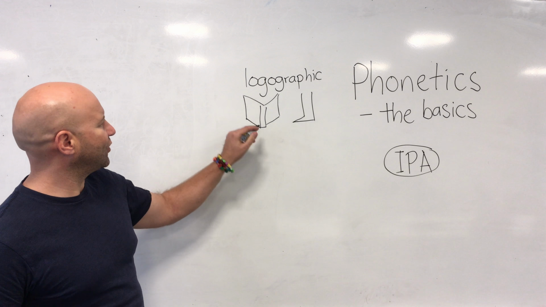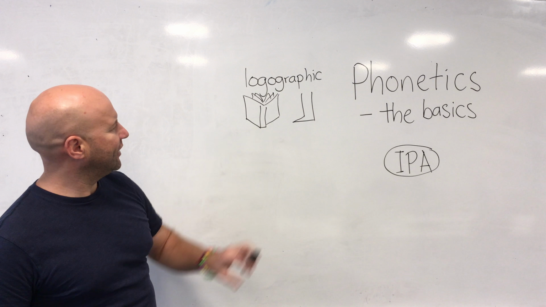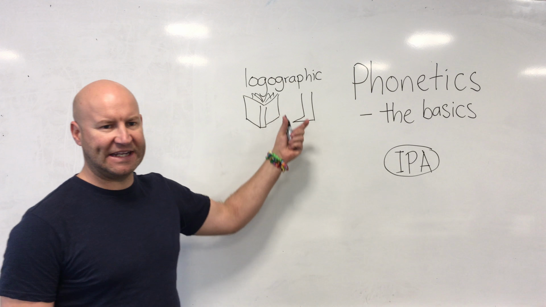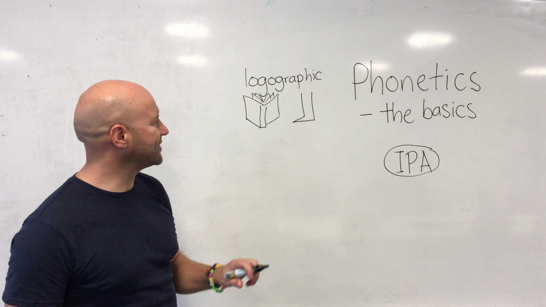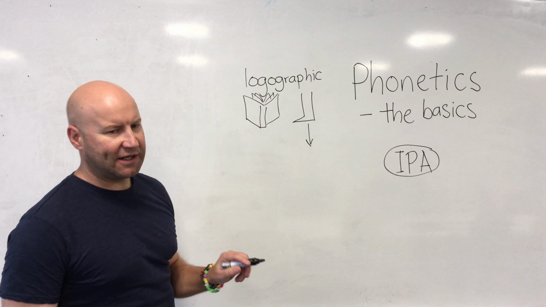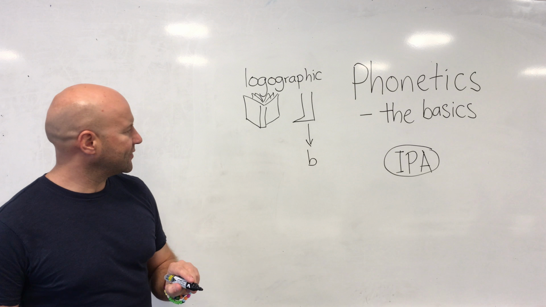To represent a book, we might draw a picture of a book, or to represent a leg, we might draw a picture of a leg, and this is actually the Egyptian hieroglyphic for leg, a picture of a leg with a foot on the end. As hieroglyphics developed, this symbol actually also came to represent a single sound, the B sound.